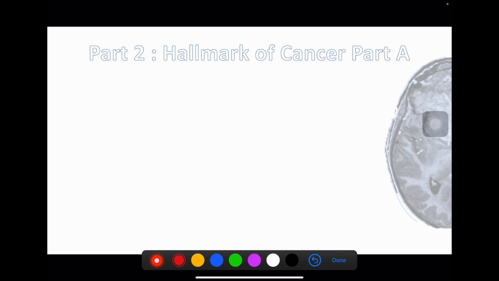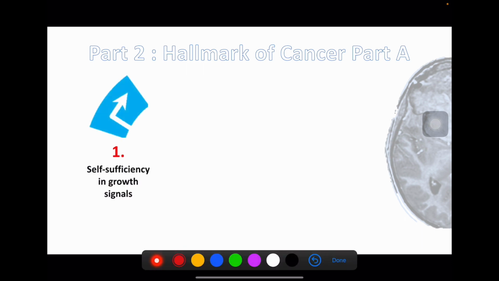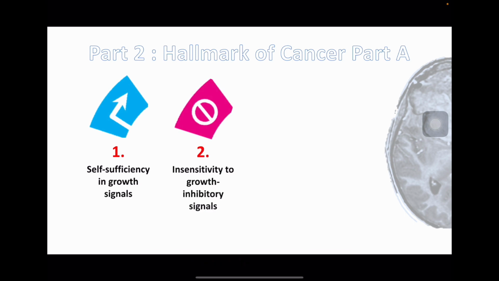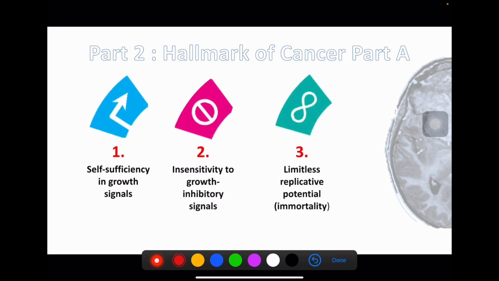Okay, the hallmark of cancer is divided into two parts. The first part is the one that I'm doing now, which consists of self-sufficiency of growth signals, insensitivity to growth inhibitory signals, limitless replicative potential or immortality, as well as evasion of apoptosis.